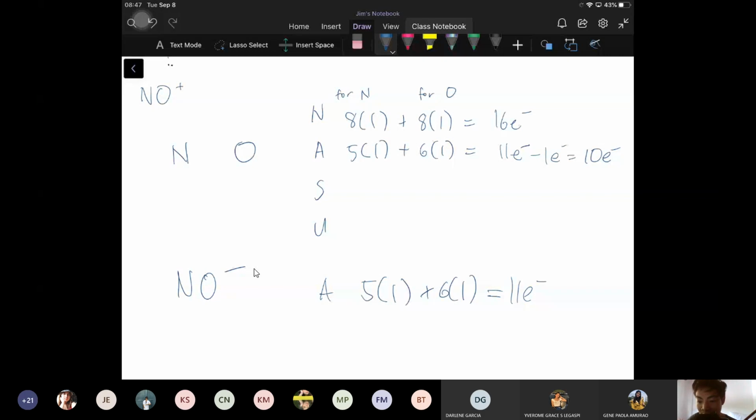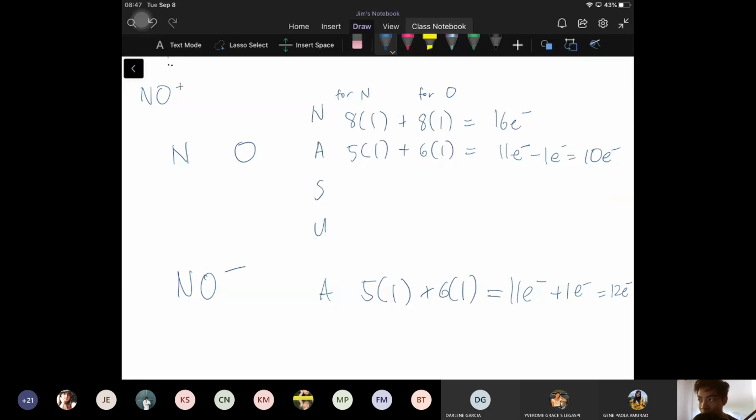May sobrang electrons. Ilan po yung sobra? Just look at the number on the exponent. Pag wala nakalagay, 1 yan. So, meaning yan, there is an excess of 1 electron. So, you have to adjust your A by adding the excess 1 electron. So, magiging 12 electrons yan.